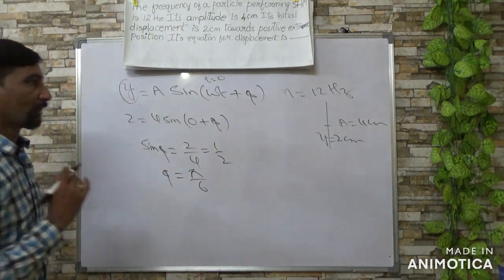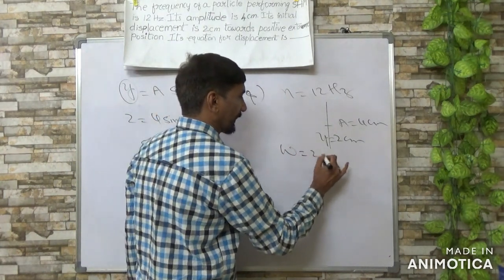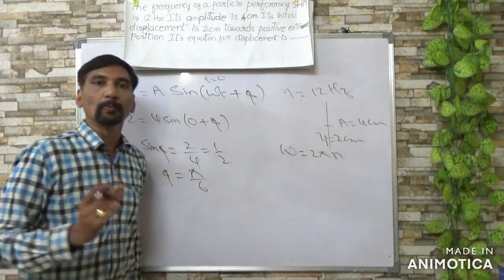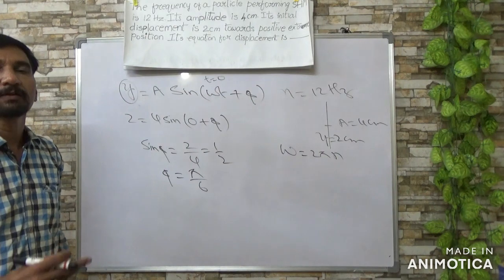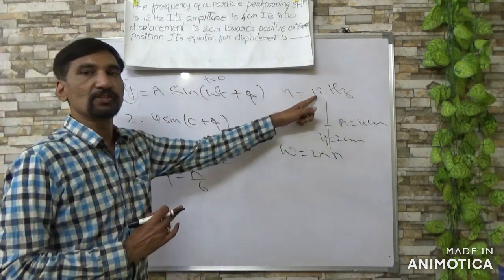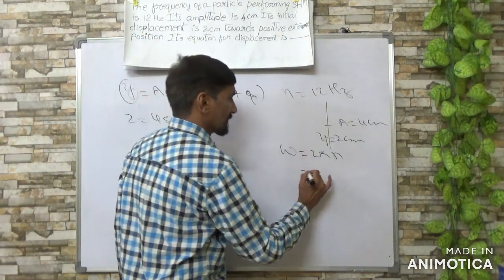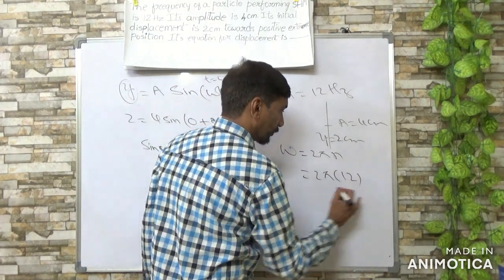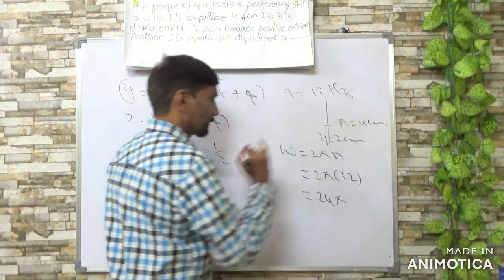Omega, angular velocity, can be taken as 2 pi n or 2 pi by T, depending on the problem. Over here frequency is known to us, so we can substitute. So 24 pi.